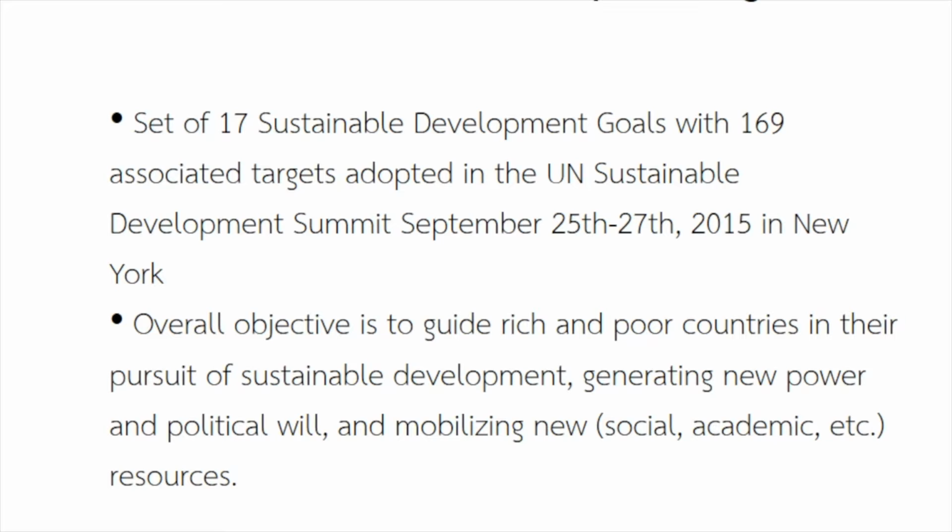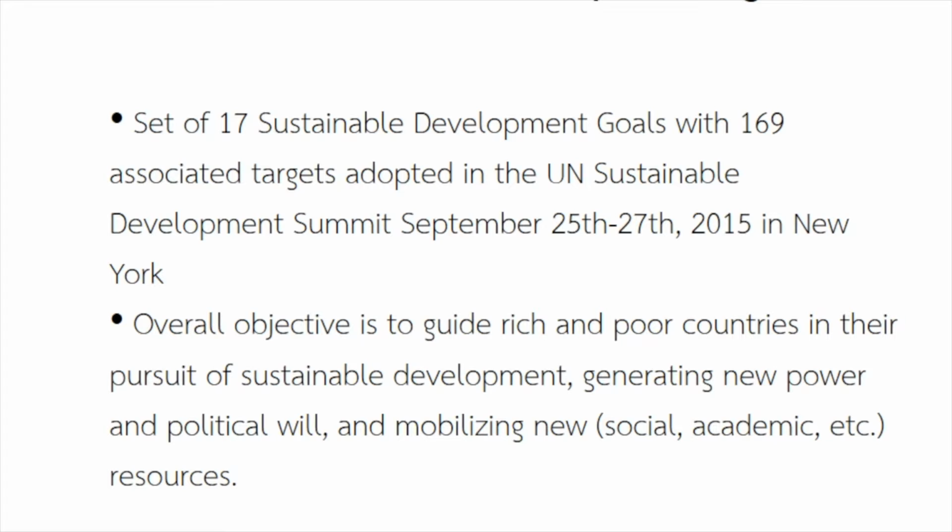The Sustainable Development Goals have one overall objective, and that is to guide rich and poor countries in their pursuit of sustainable development, generating new power and political will, and mobilizing new resources. So, the major purpose of these goals is to give countries and governments worldwide an idea of what they can do in order to achieve sustainable development in their countries.